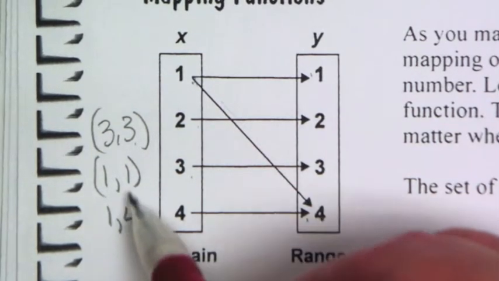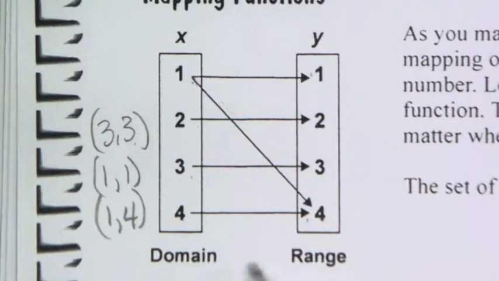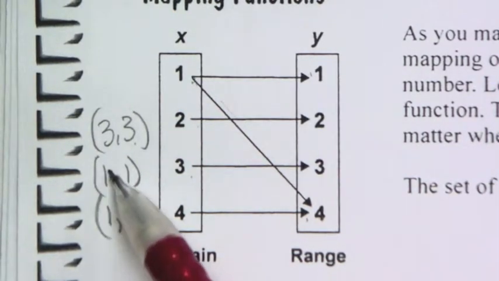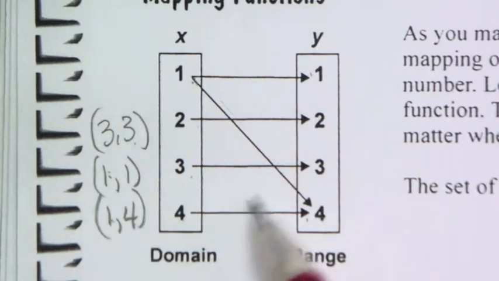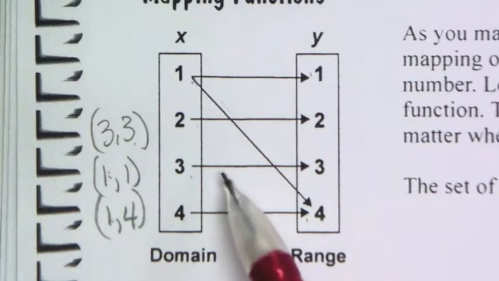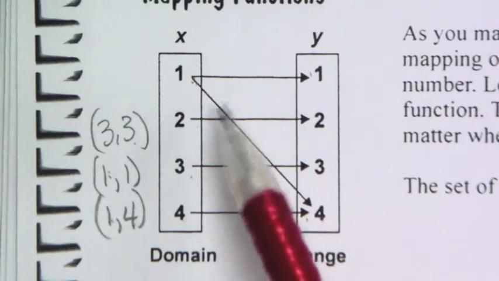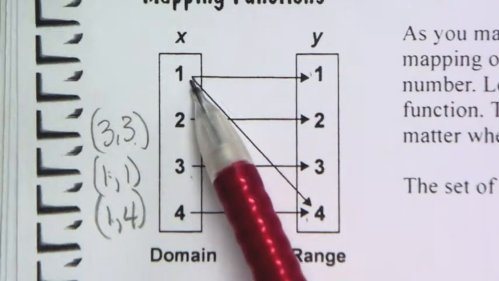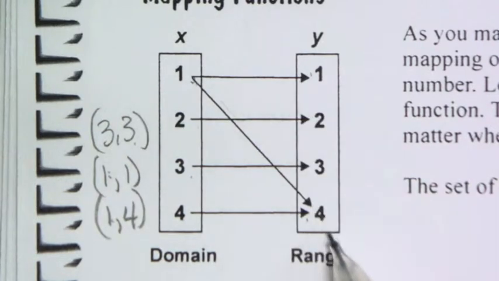So as you can tell, because of this mapping diagram, the x's, or the domain, repeat. You can tell that from just looking at the mapping without even writing this down. If I look here, I see that this value of the domain has 2 y values. Therefore, this is a map of a relation that is not a function. Okay? It is not a function.